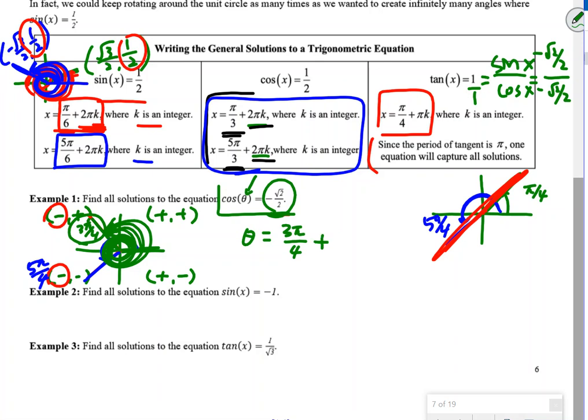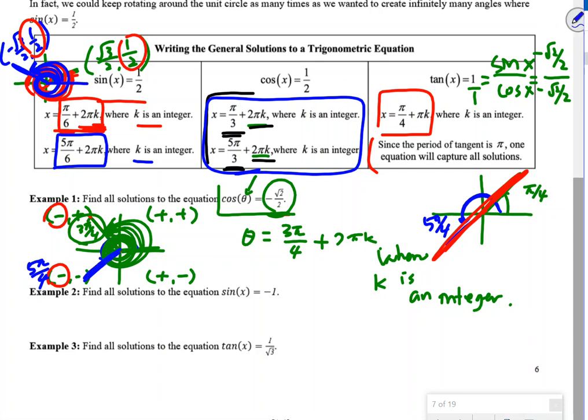So you can put this one as 3 pi over 4 plus 2 pi k, and you need to show where k is an integer. I put parentheses here, but actually you don't need to.